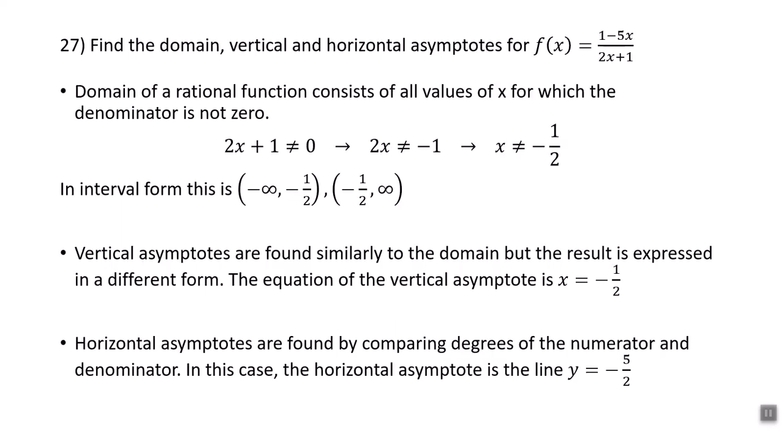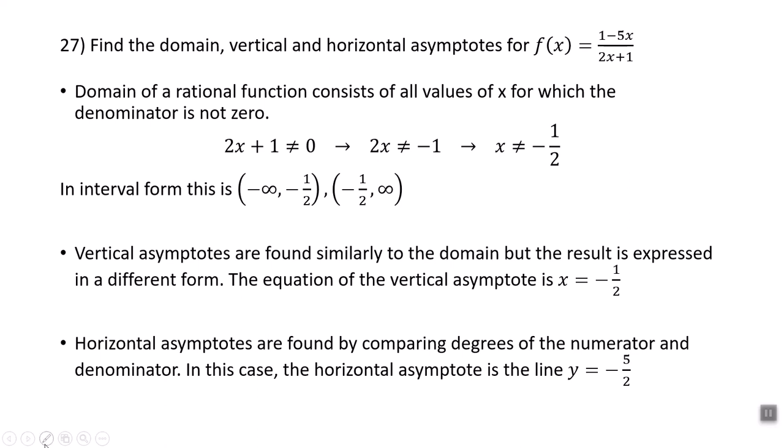All right, let's talk about rational functions. Find the domain, vertical, and horizontal asymptotes for f of x equals 1 minus 5x all over 2x plus 1. All right, so the domain of a rational function consists of all values of x for which the denominator is not 0. So I take this denominator, 2x plus 1.